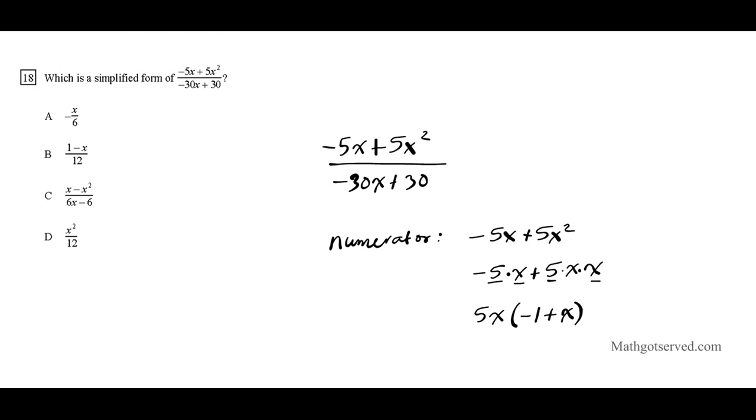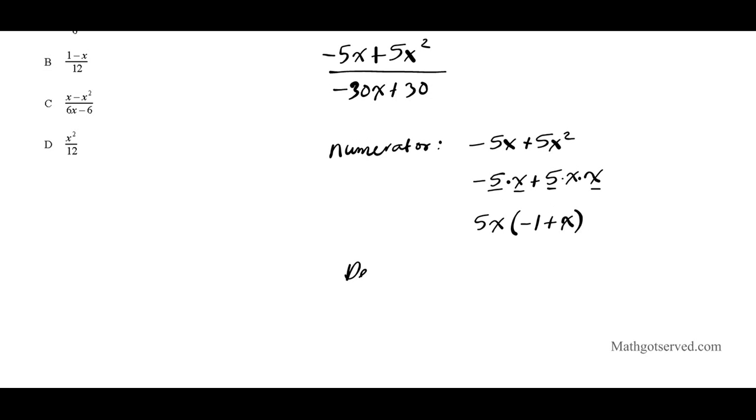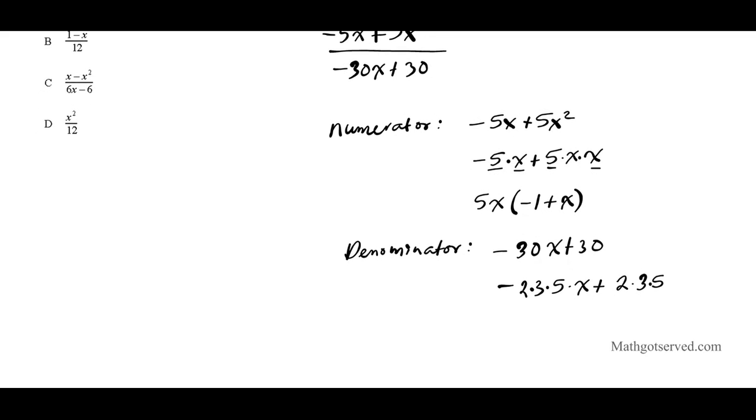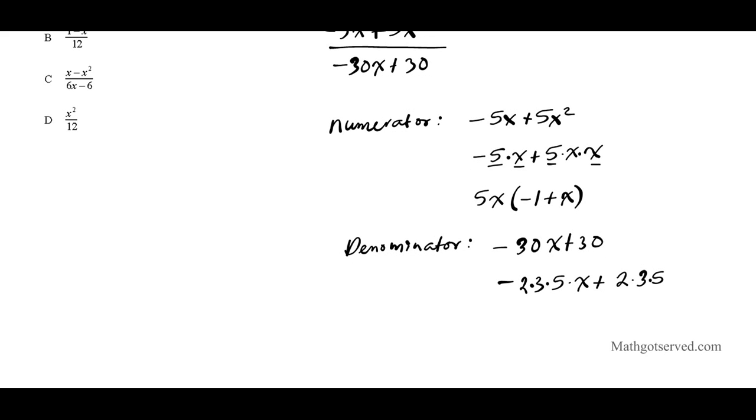And then the denominator, we're going to factor negative 30x plus 30. So 30 breaks down into 2 times 3 times 5, times x, and then 30 breaks down into 2 times 3 times 5. So we can clearly see here, we can factor out 2 times 3 times 5. I'm sorry, that's 30. So we have negative, factoring out positive 30 actually.